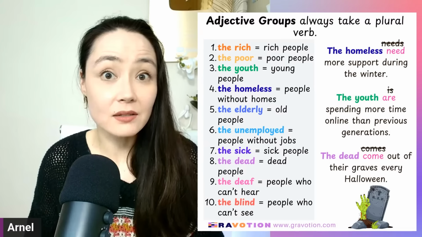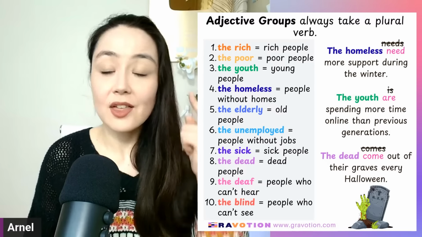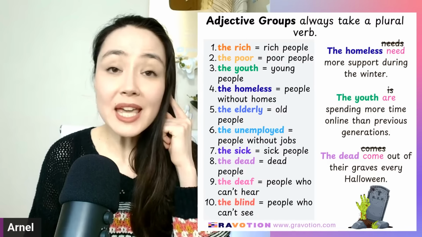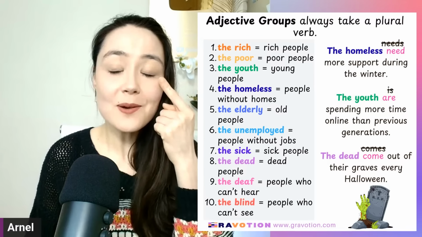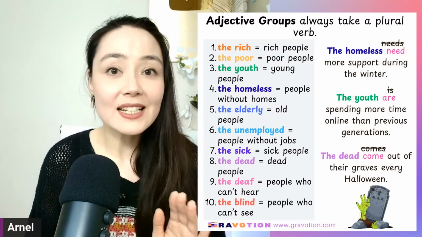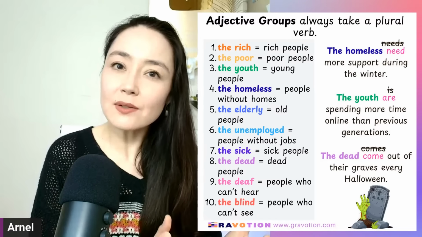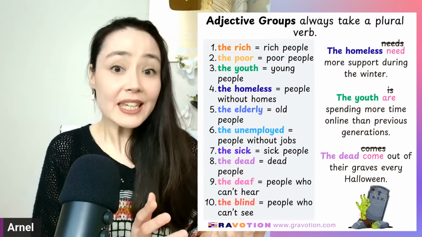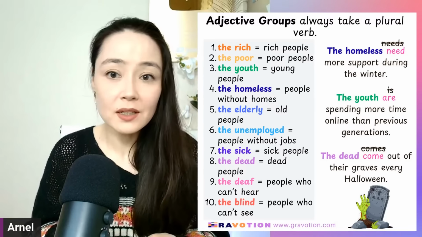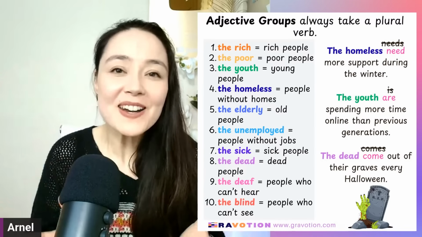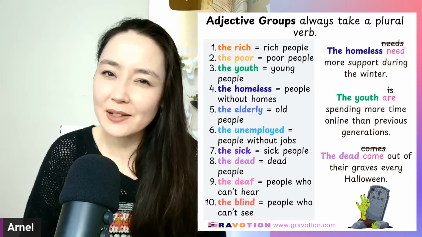The dead, dead people. The deaf, people who can't hear. Or the blind, people who can't see. These adjective groups are really common, especially in formal English. We are talking about a group even though the words look singular.